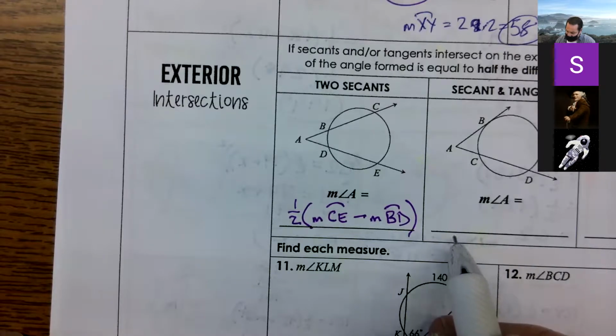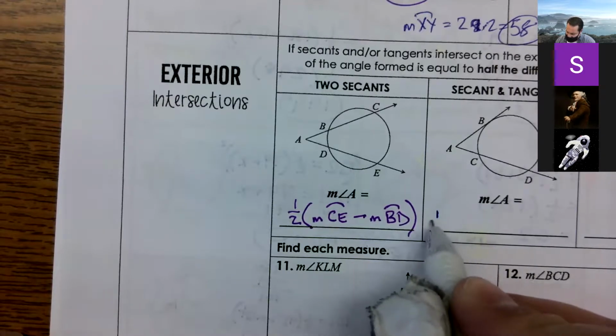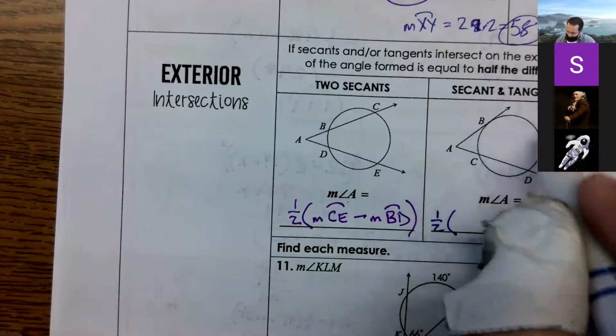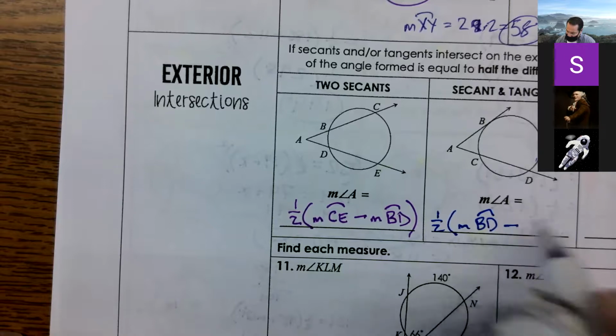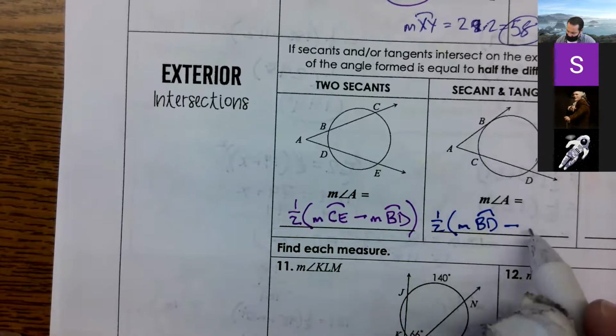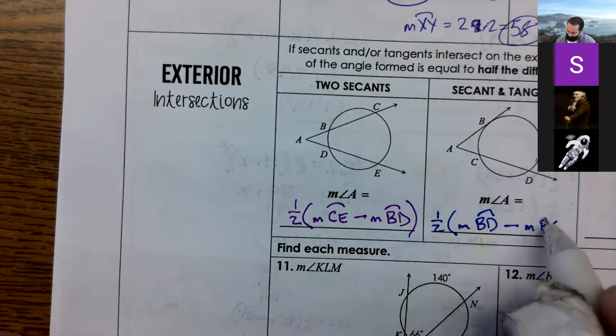This second one is the same idea exactly. It's 1/2 the bigger arc, measure of BD, minus the littler arc, measure of BC.